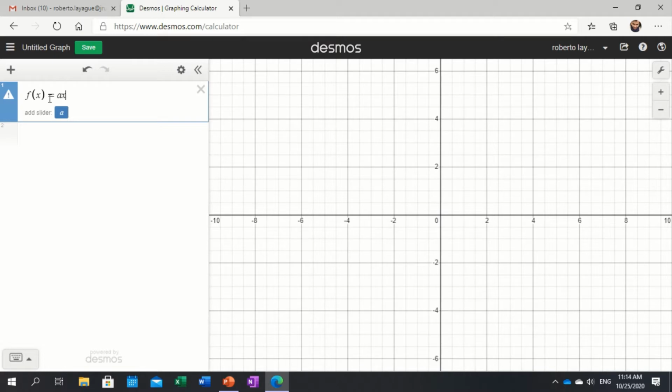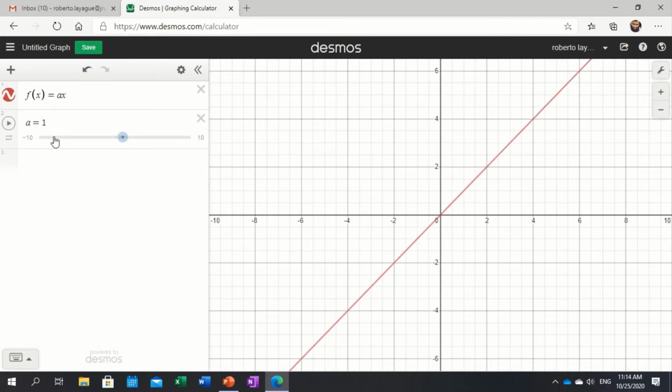We will discuss the slider. When we say a slider, it is movable. As you can see, you can have it this way, positive and then going to negative. That's how it works when you have a slider.